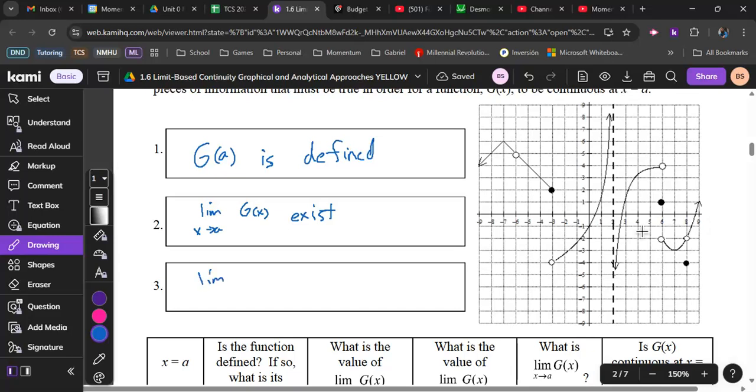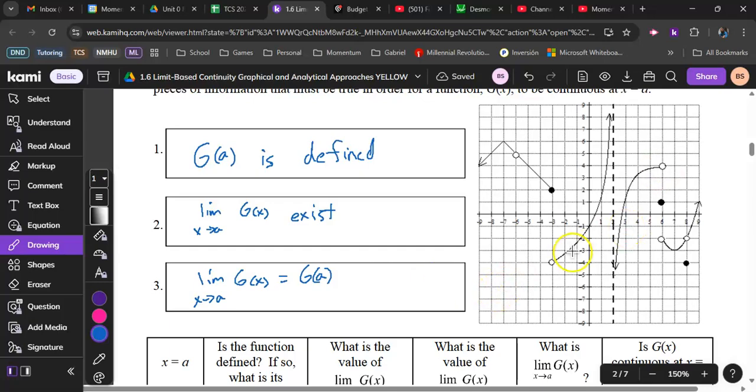So the limit as x approaches a of g of x has to equal g of a, which is going to equal some value, right? If that's not true, then it's got some kind of hole, asymptote, or jump. Something's not working, right? Yes. Oh, crap. All right.